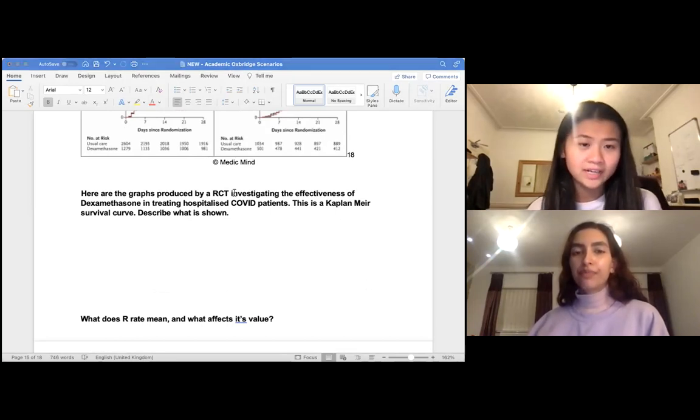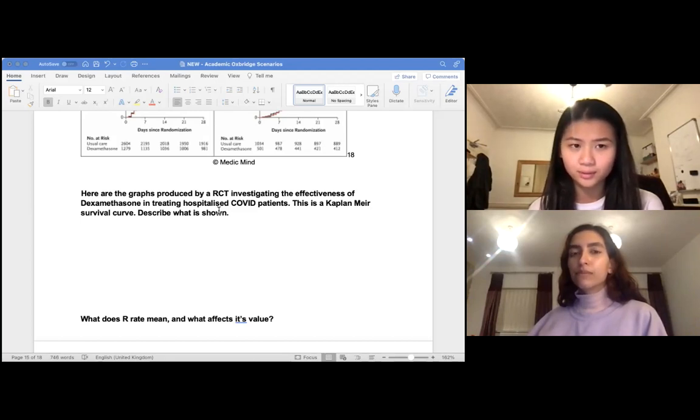So the R rate is the reproduction rate, and what it means is that if there's one person, so let's say the R rate is 1, which is kind of the base rate. If one person gets infected, then that one person will transmit it onto another one person.